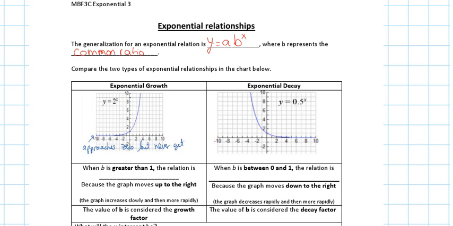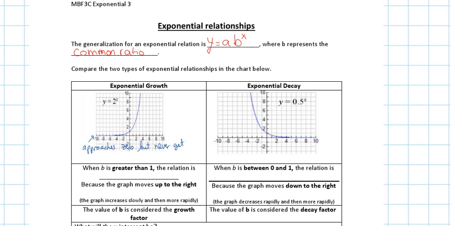In this lesson, we're going to look at exponential growth and exponential decay. If you look at this one, it's exponential growth. When looking at a graph, you always move from left to right. Moving from left to right, what can you tell me about this function?